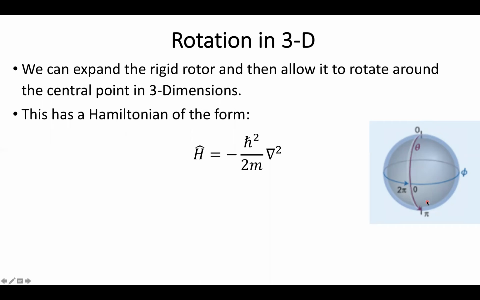So what we can do is first start by generating a generalizable three-dimensional Hamiltonian. So for any three-dimensional system, the kinetic energy can be provided using the Hamiltonian form of our good old classic negative h bar squared over twice the mass.